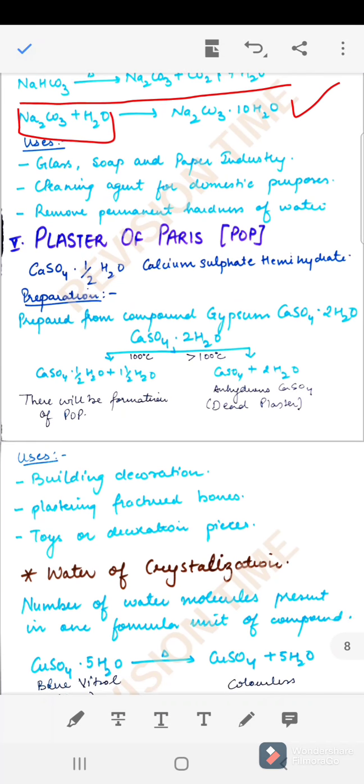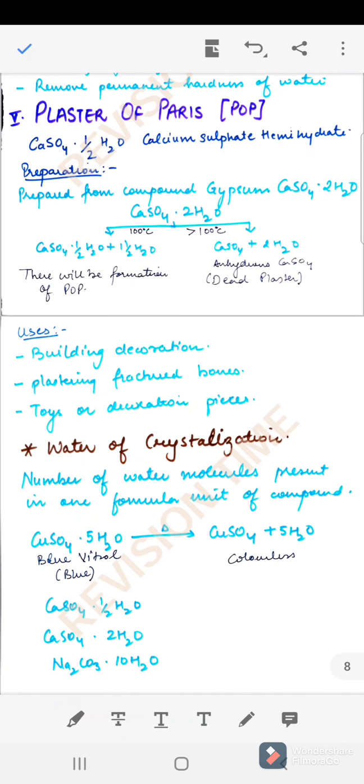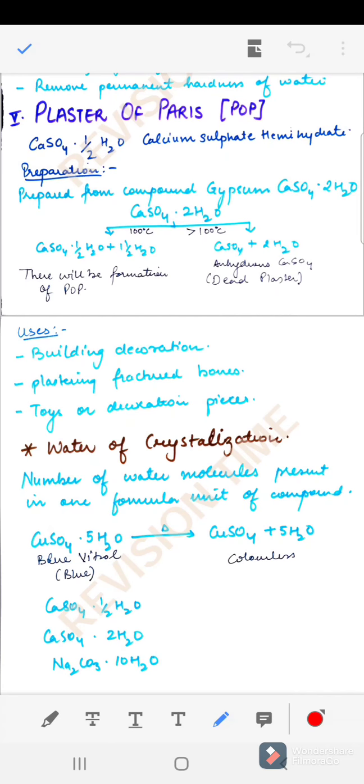So last is plaster of Paris, POP. We are also familiar with this compound. It is calcium sulfate hemihydrate. Hemi because we have half a molecule of water here. So how is it prepared? It is prepared from the compound known as gypsum. This is a hard compound.